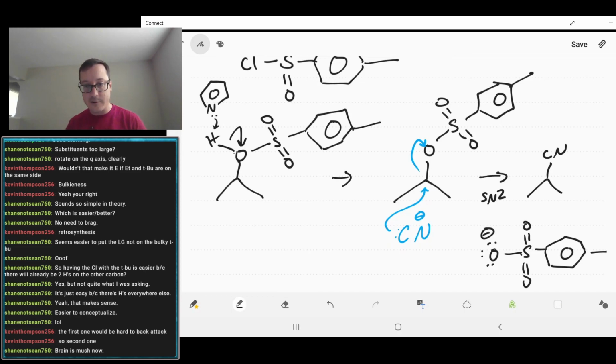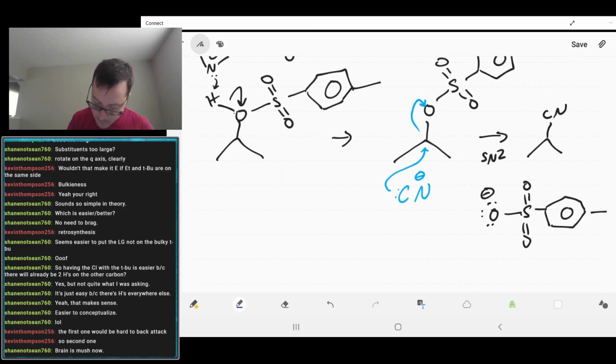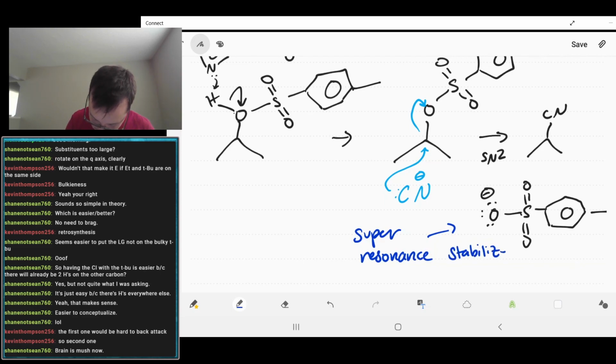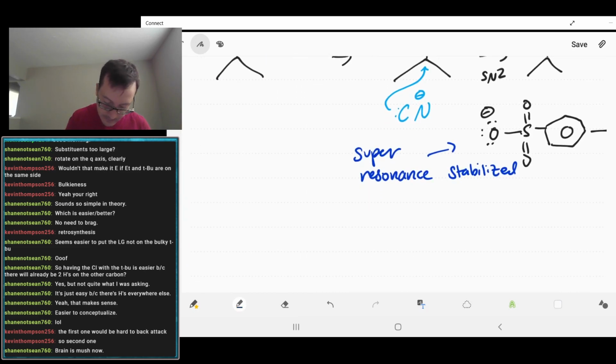It can resonate onto those oxygens. You could resonate into the benzene ring. This is super resonance stabilized. So what you can do, if you want to do an SN2 reaction and you have an OH, I'm going to just show this to you right now in one step.